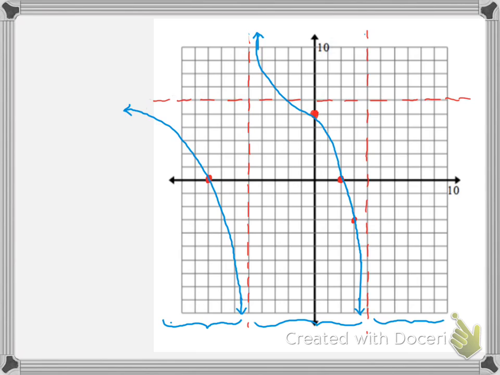And then on the right side, there are two possibilities for what happens at the vertical asymptote. So to the right of the vertical asymptote, there's two possibilities for what happens at your right arrow. So draw your arrows for those four possibilities.